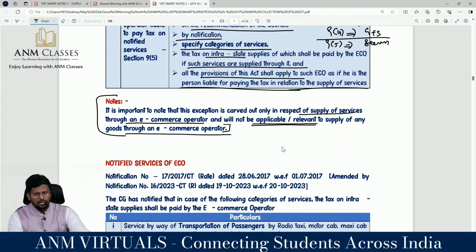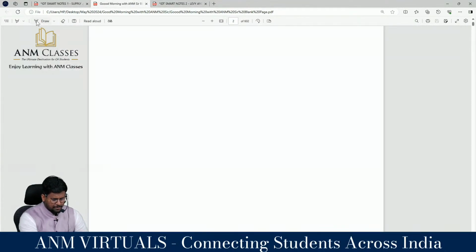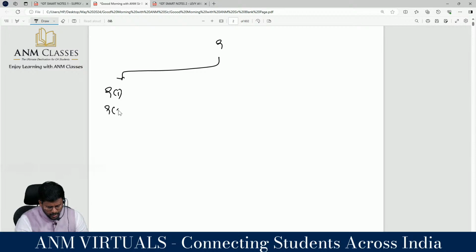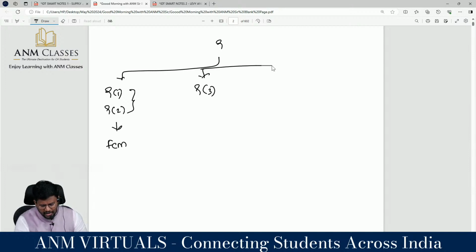So this is the summary of the discussion, correct? Section 9 is classified into 5 categories, which are 9.1, 9.2. Can I summarize both into one? Because both are forward charge mechanism, correct? Then we have 9.3 and 9.4, both are reverse charge.